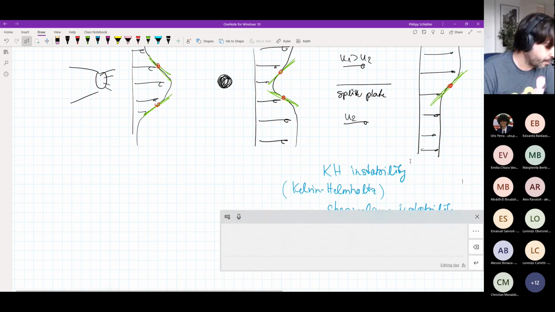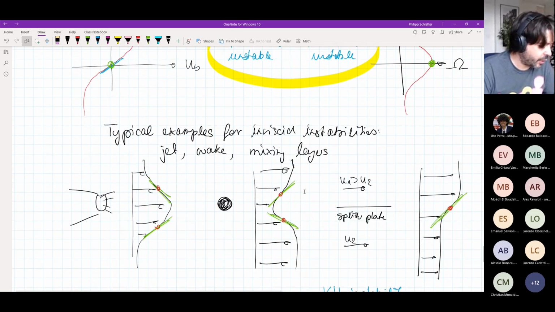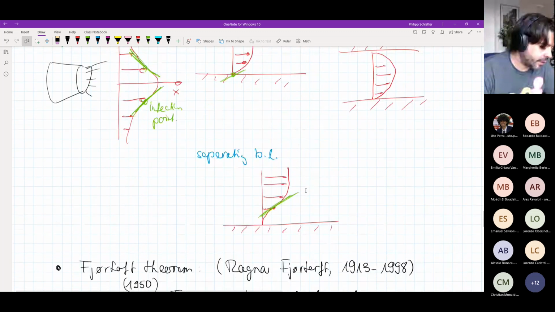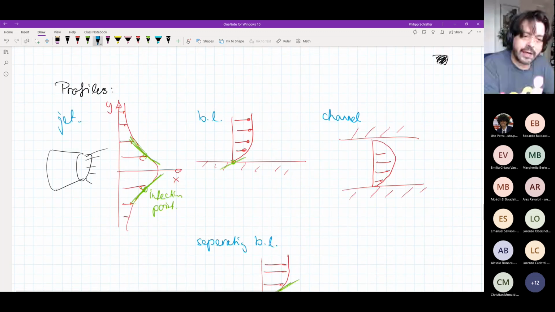Okay, so I guess this is all very interesting. I just have one additional question, because we have said above that channels and boundary layers are actually stable for infinite Reynolds numbers, which is interesting, because we know that channels and boundary layers are unstable for finite Reynolds numbers. And then suddenly they become stable again for high Reynolds numbers.